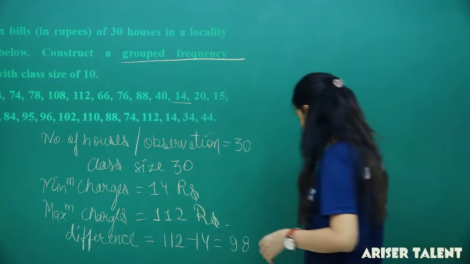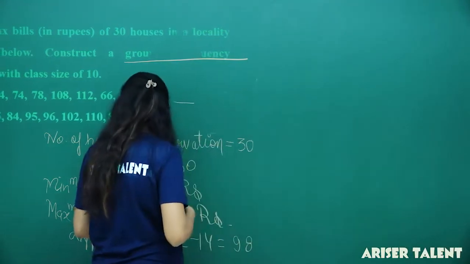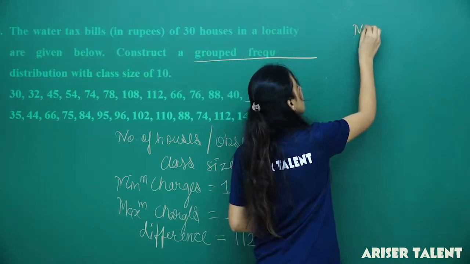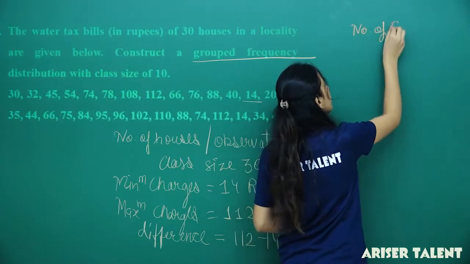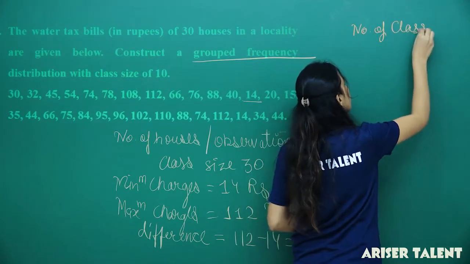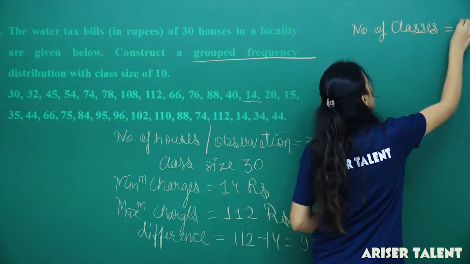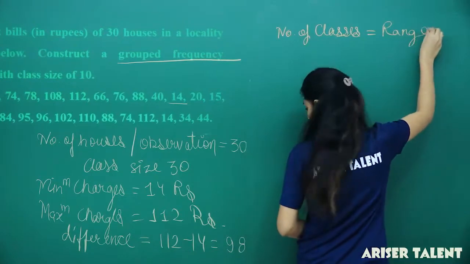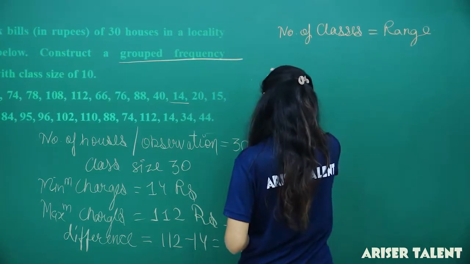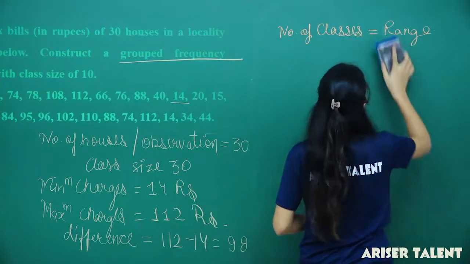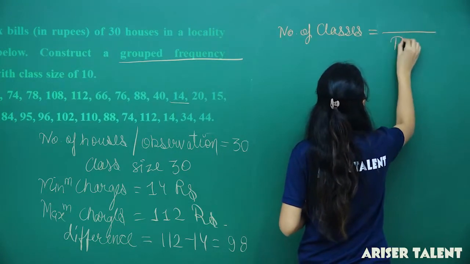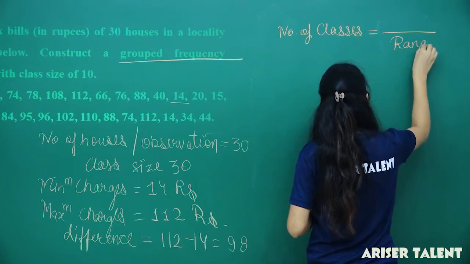Okay, so this is 98. Now, number of classes will be equal to the range upon class size.